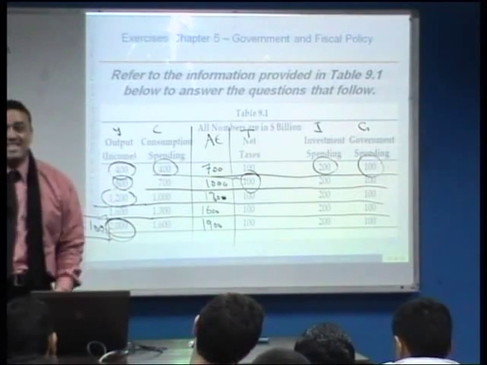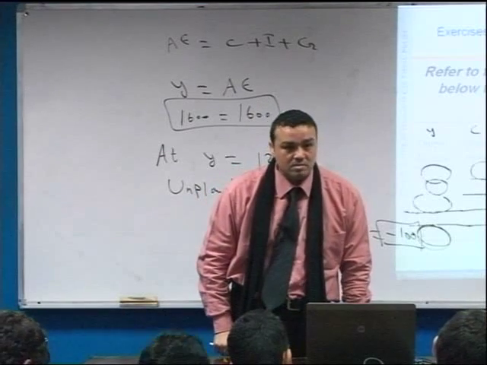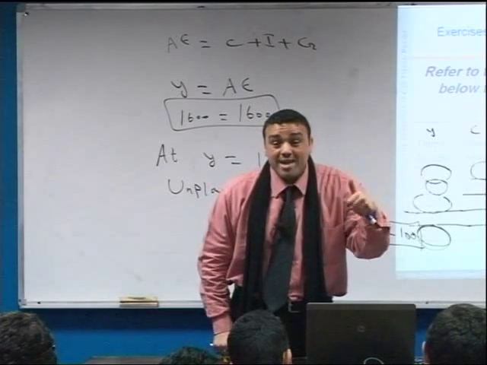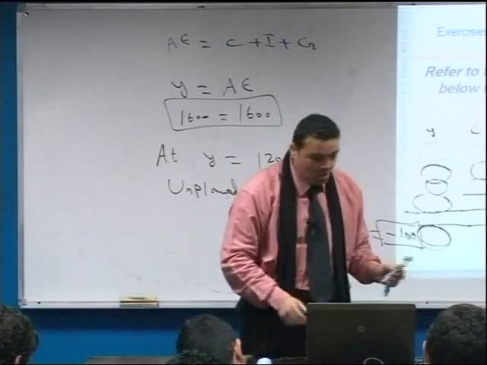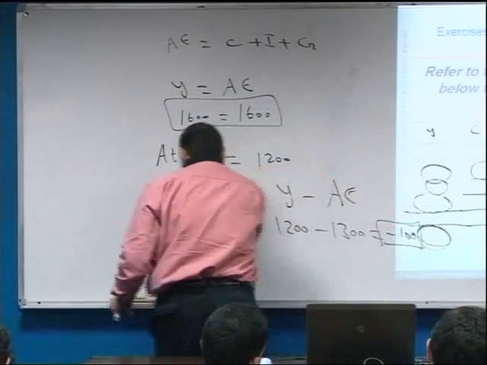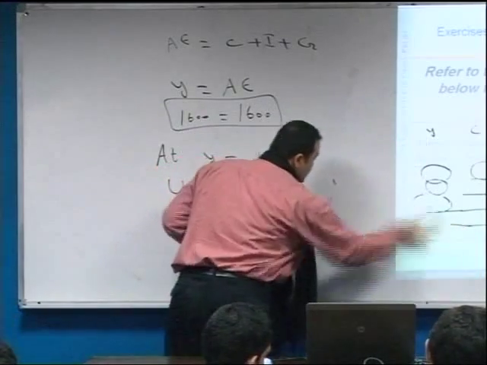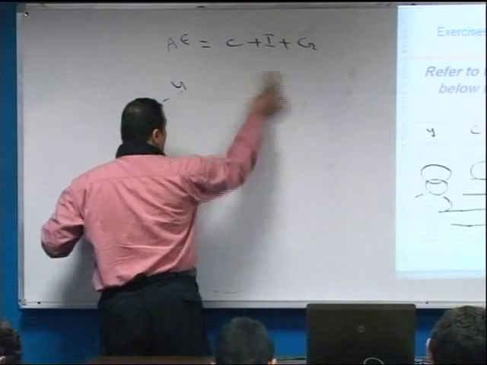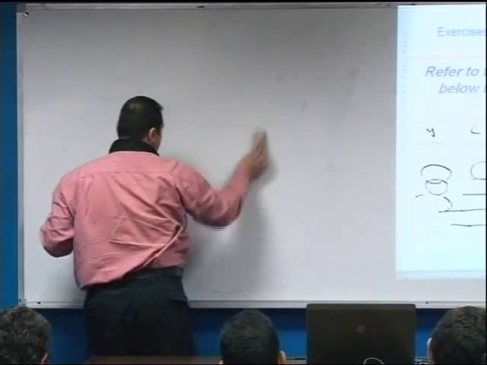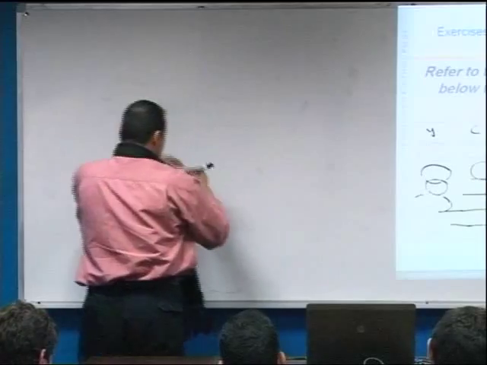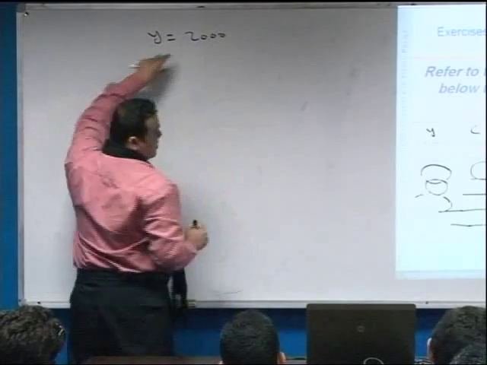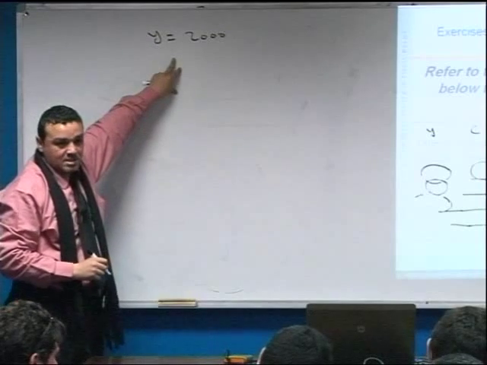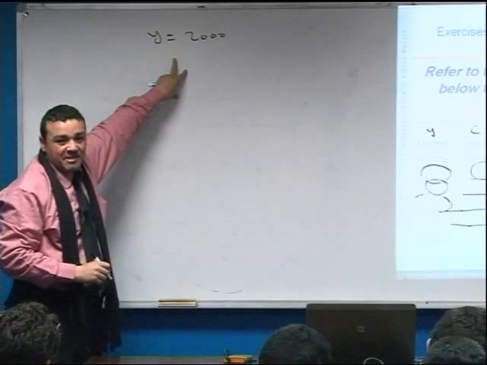But how much is the saving in this case? Saving equals Y minus C minus T. So suppose the question is at Y equals 2,000 billion dollars, how much is the saving?